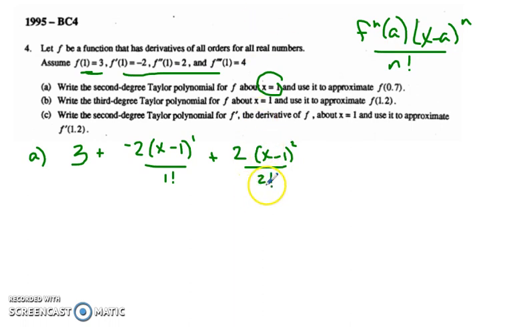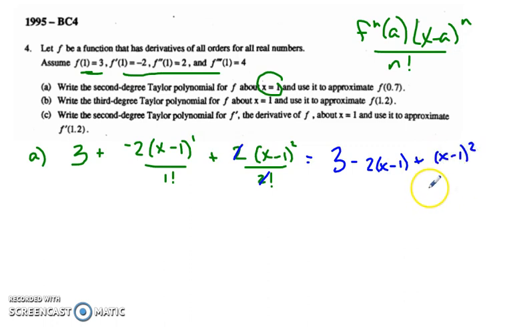And let's clean this up just to make life easier. This will become 3 minus 2 times x minus 1 plus, and then nicely these 2's cancel. So we just have x minus 1 squared.